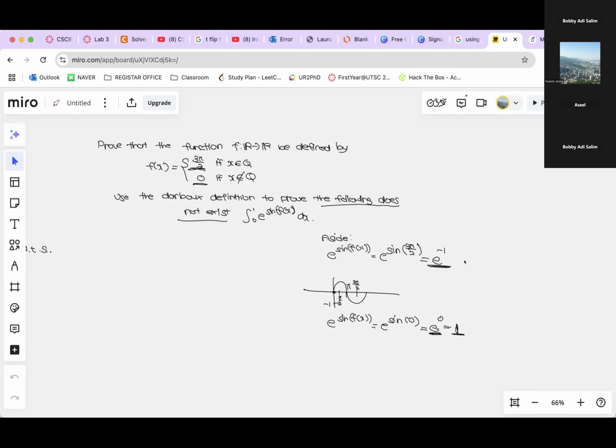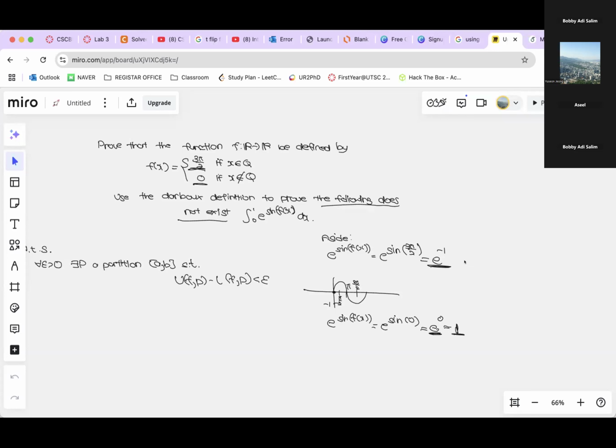In the Darboux definition of delta and epsilon, we need to show the inverse of the original statement, which is: for all epsilon greater than 0, there exists P of partition A and B such that U of F and P minus L of F and P is less than epsilon.